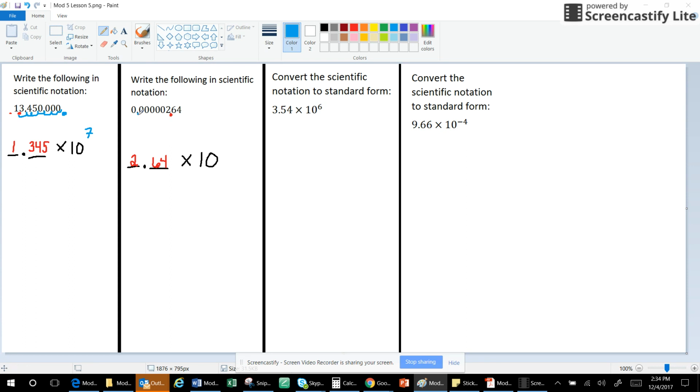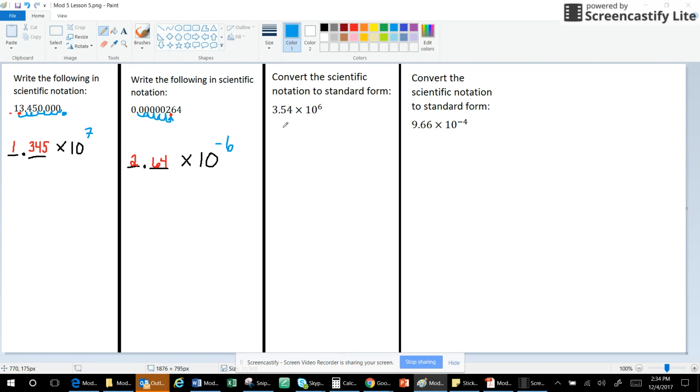So it's going to move 1, 2, 3, 4, 5, 6 spots. And since I'm moving from a decimal into scientific notation, we're going to wind up with a negative exponent. We're moving the decimal place to the right, so we're getting a negative exponent. All right. Hopefully we did well on that one.